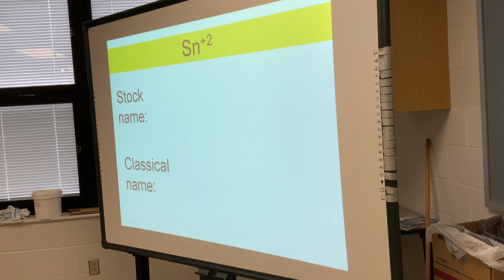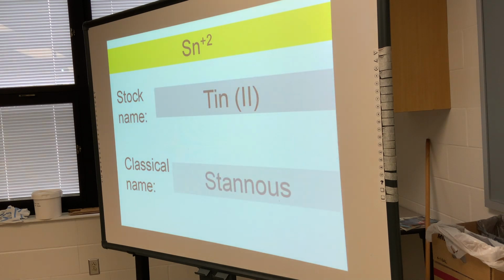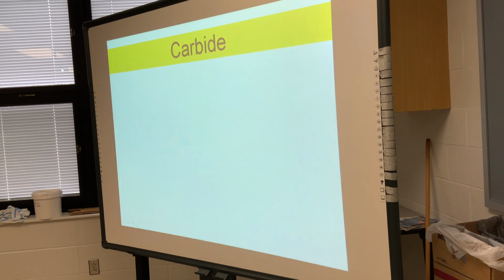So this one is called stannous, or tin 2. Carbide is C negative 4.